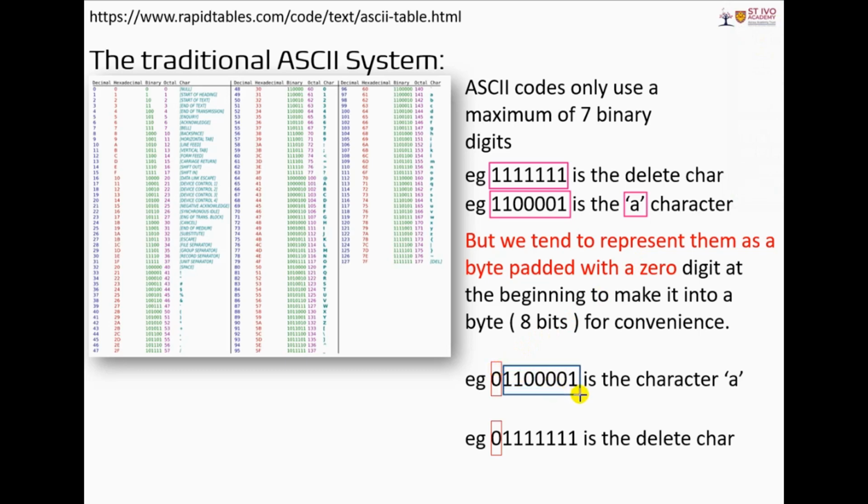But OCR, amongst other authors, will put an extra 0 on the front, so it looks like a byte, but that 0 never changes, guys. And again, here we have the 7 ones representing the delete control character, decimal equivalent 127, padded out with a 0 on the front, which is never used. It's just there to make the printing nice and neat.